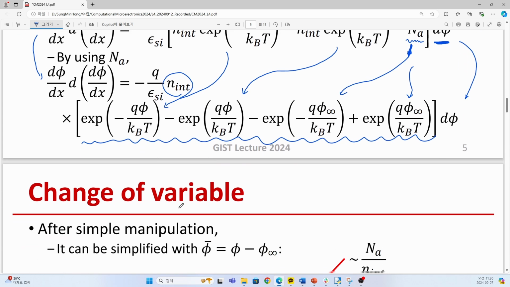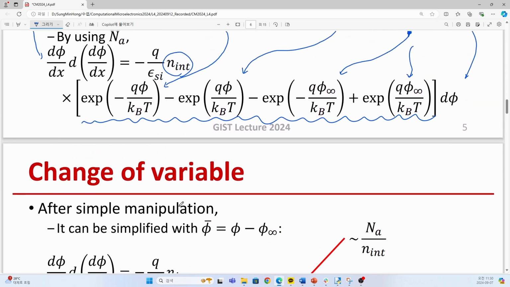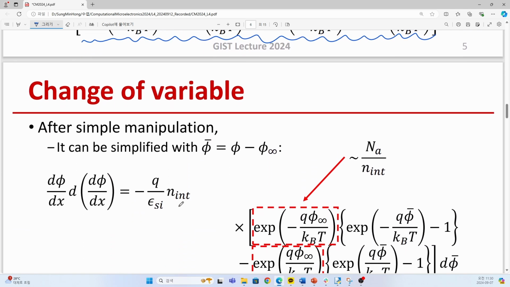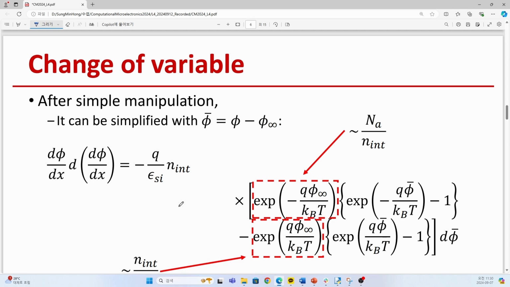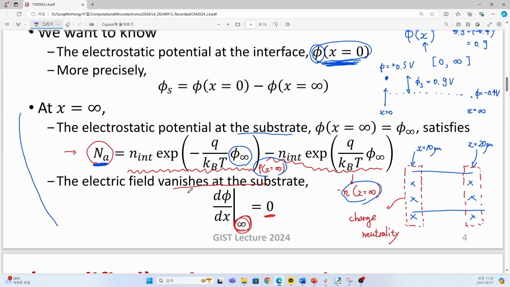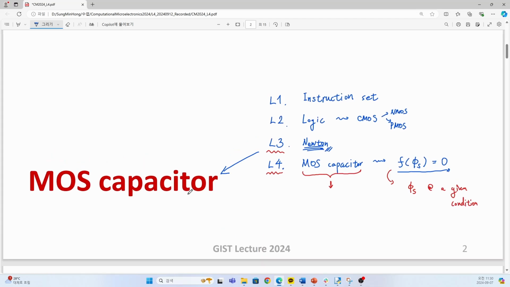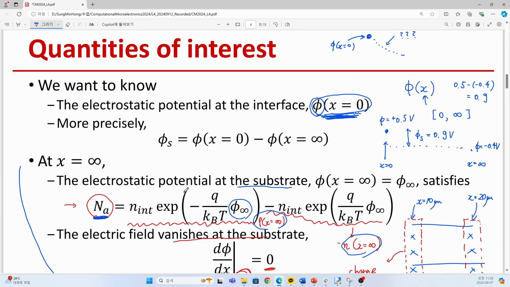Well, then in order to make it simple, we introduce a simple intermediate variable, the electrostatic potential referenced to the substrate. What is it? This is nothing but just the quantity.